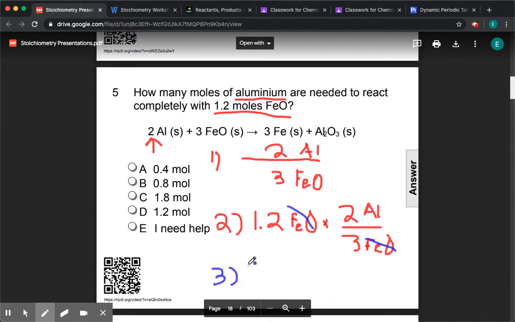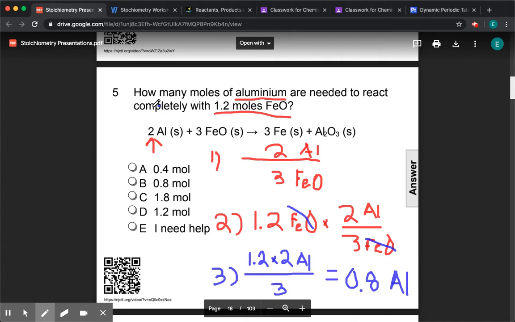So this is 1.2 times 2 Al, divided by 3, which is equal to 0.8 moles of aluminum.